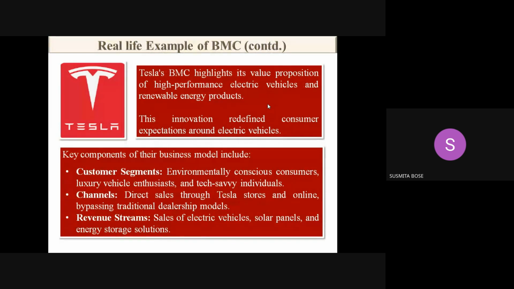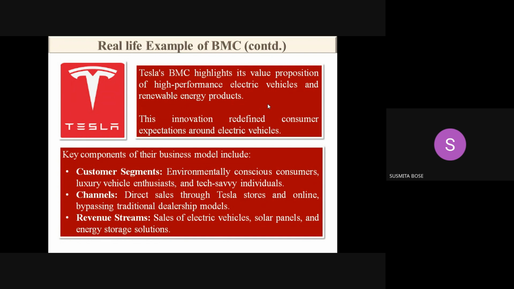Then Tesla's BMC highlights its value proposition of high performance electric vehicles and renewable energy products. This innovation redefined consumer expectations around electric vehicles. Their customer segments include environmentally conscious consumers, luxury vehicle enthusiasts, and tech-savvy individuals.